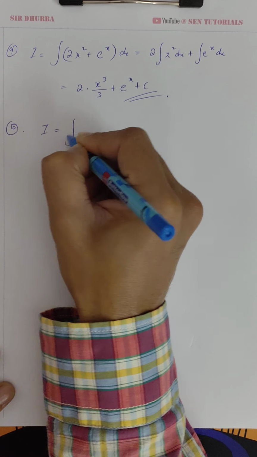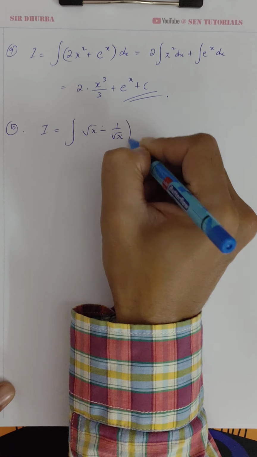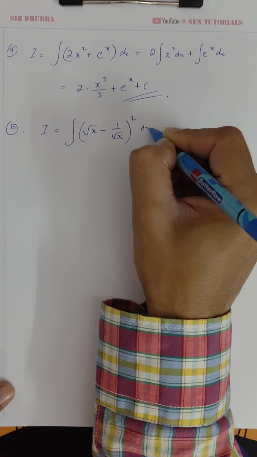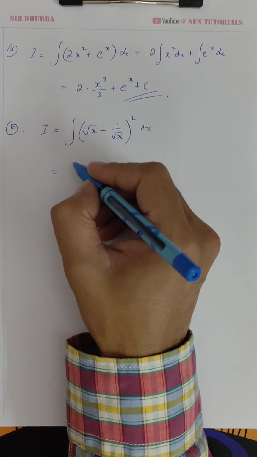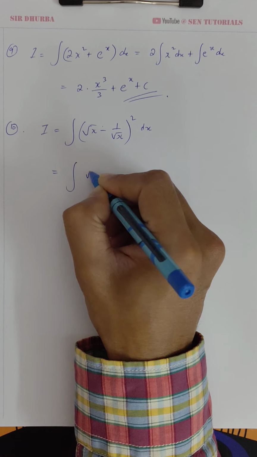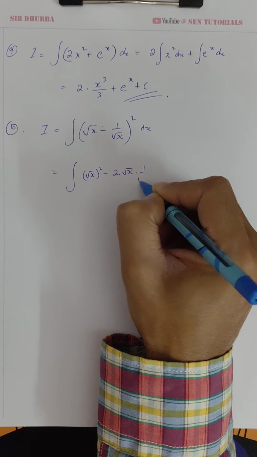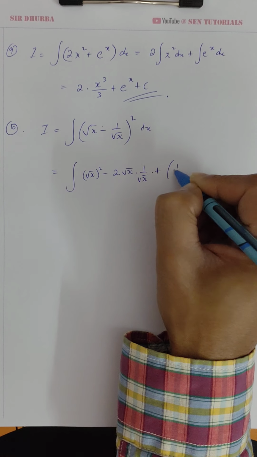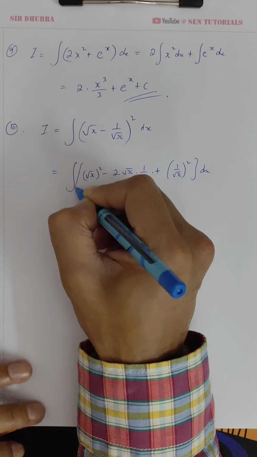Number 10, integration of root x minus 1 by root x, whole square. Remember we don't have any chain rule under integration, so the only option is to simplify so that we can integrate. Here I can use a minus b whole square, that's going to be a square minus twice a into b plus b square, with respect to x.